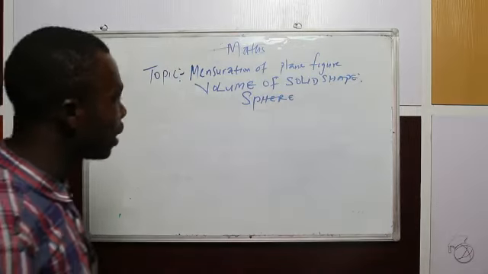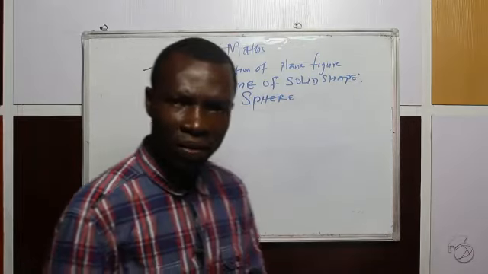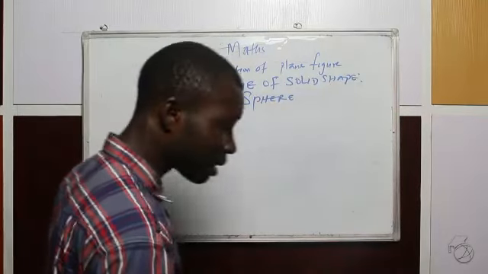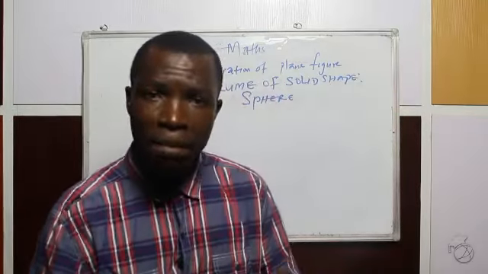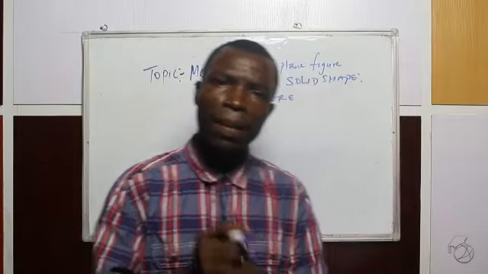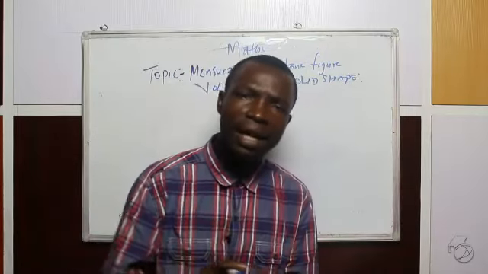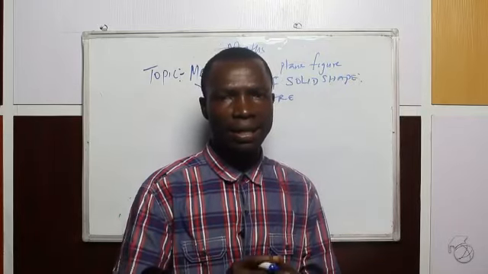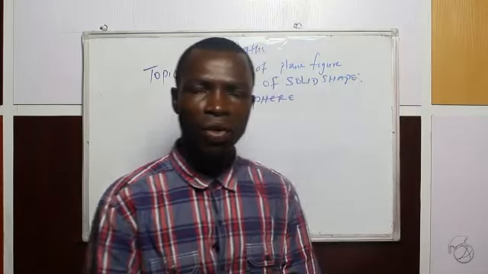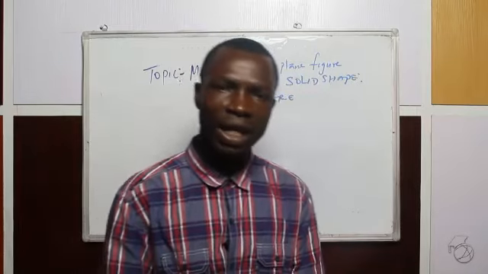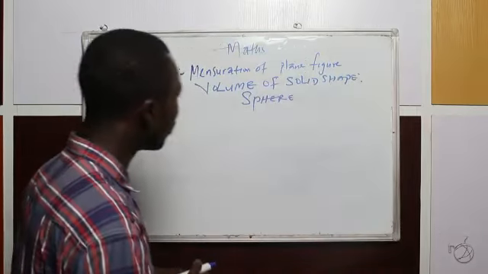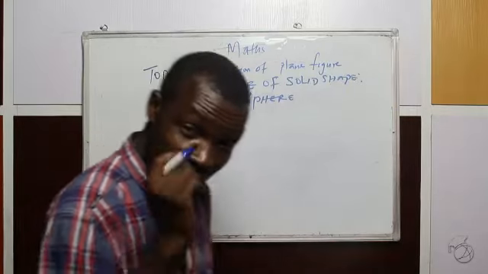Now, how do we find the volume of a sphere? We all remember that volume is measured as area times what? Times length. Area times length will give us the volume of any shape. Now, how do we find the volume of a solid shape of a sphere?